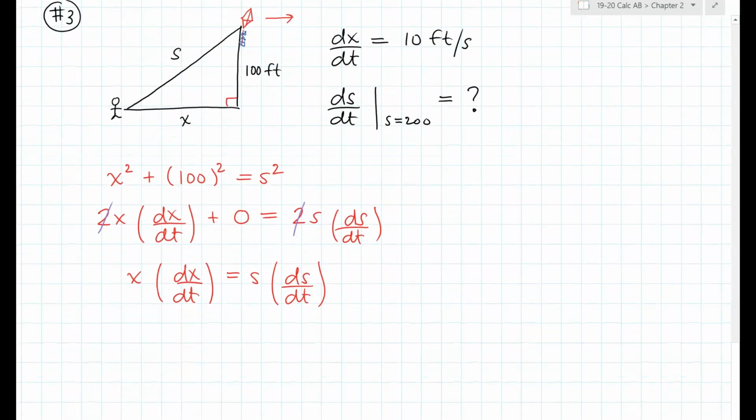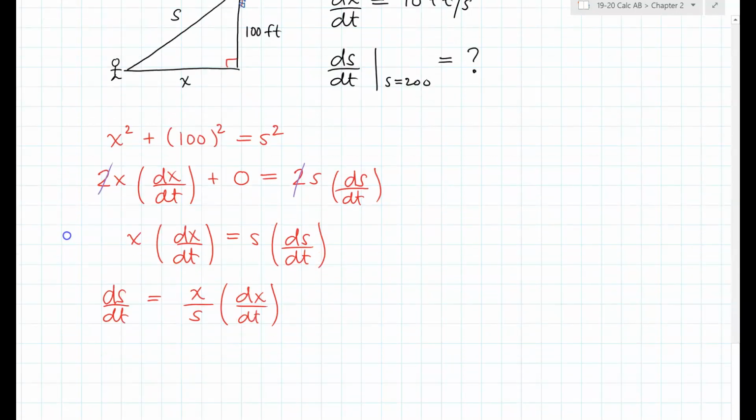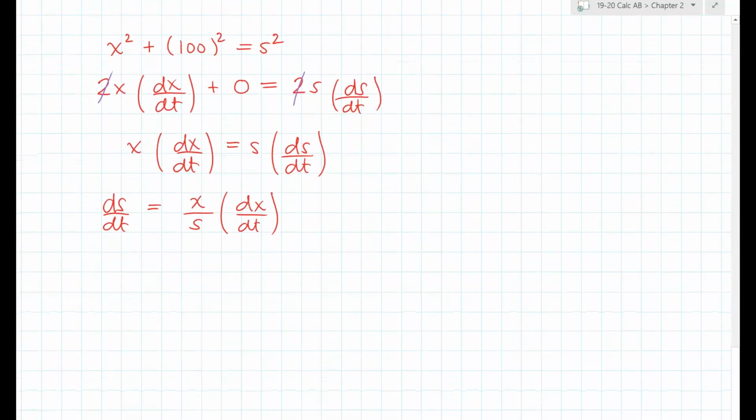Now, I need ds/dt, so let me divide by s. I'm going to rewrite this. Ds/dt is equal to x divided by s times dx/dt. Now, they asked what's the rate of change of the string when the amount of string let out is already 200?